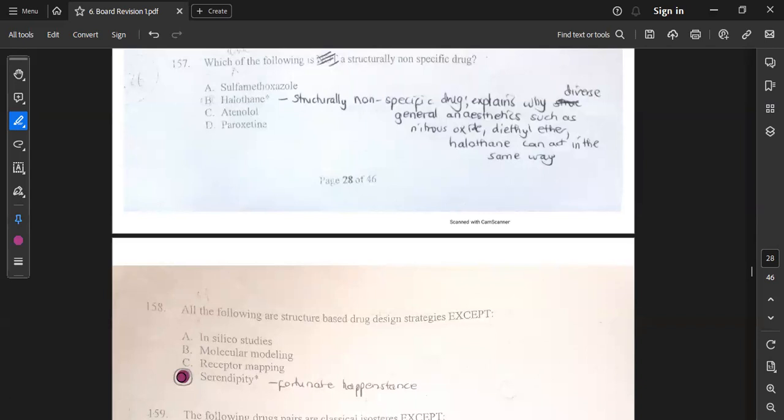In target-based drug discovery, we first identify the target, usually the receptor that is of interest to us. After you've identified that particular receptor, you try to find molecules which can bind to that target and bring about a desired action.